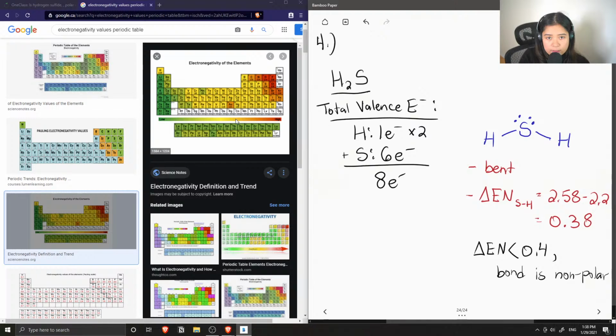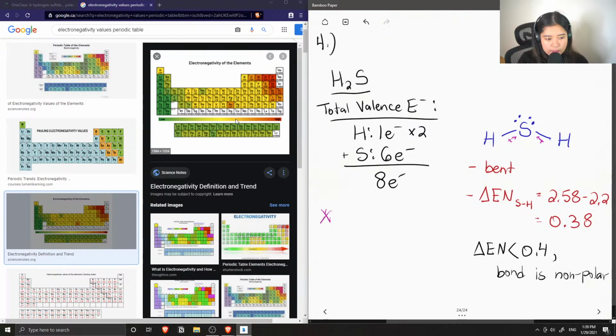So there is quite a debate on whether or not this molecule is polar or nonpolar, because we can also look at its bent structure. Because of this bent structure, we just have the tiniest dipole moment going towards the sulfur because it is a bit more electronegative than our hydrogens. And the dipoles don't cancel each other out.